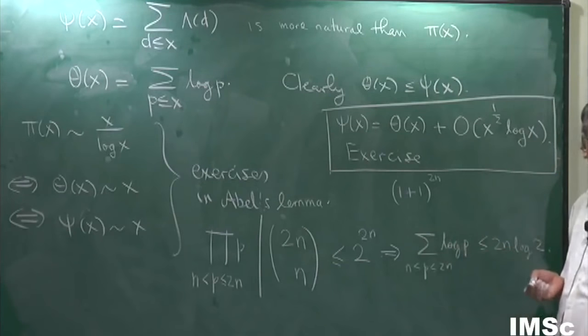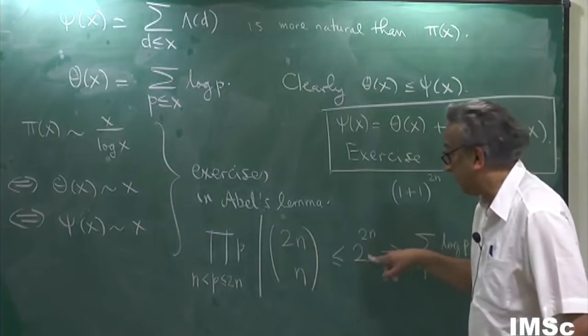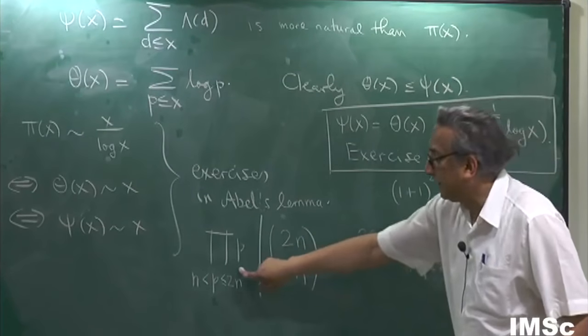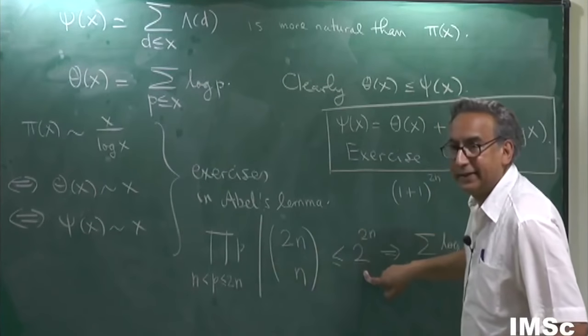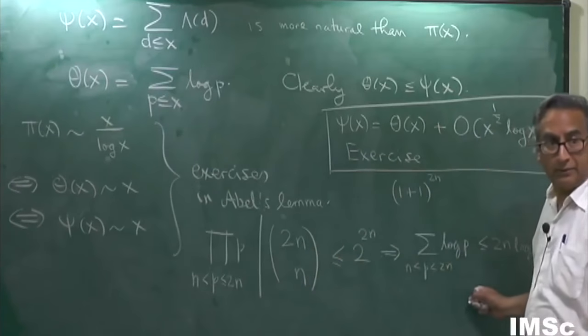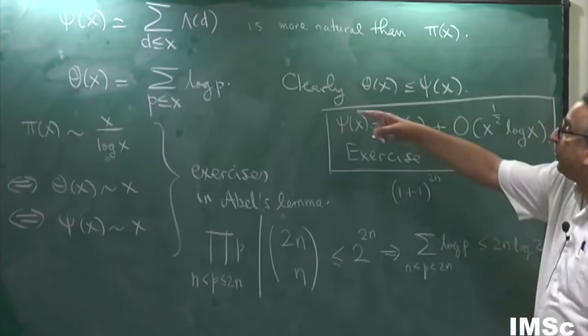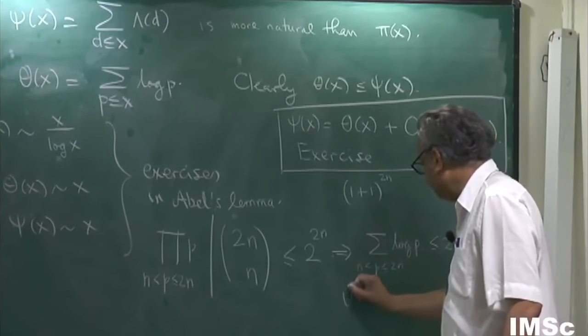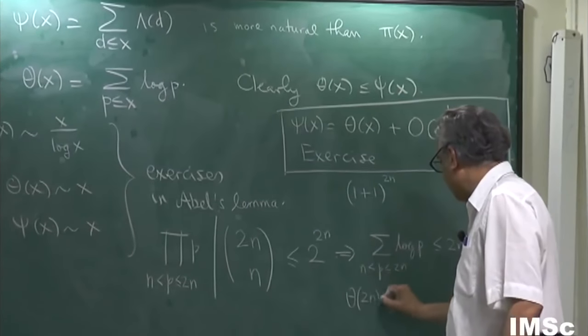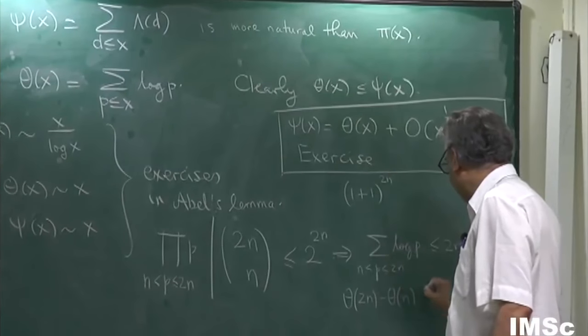Just take logs. Whatever this binomial coefficient is, it is less than 2 to the 2n. This is a divisor of that binomial coefficient. Therefore, this number has to be less than this. Take logs and you get this. And in his notation with this theta thing, this says theta of 2n minus theta of n is less than 2n log 2.